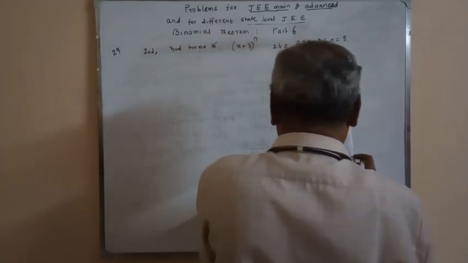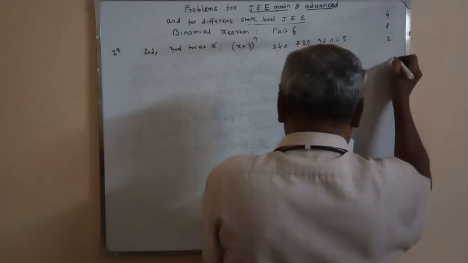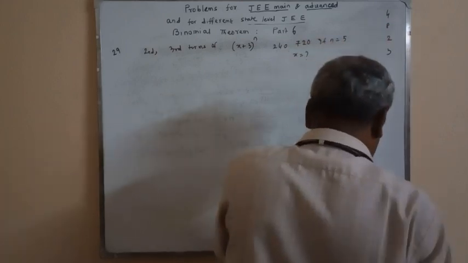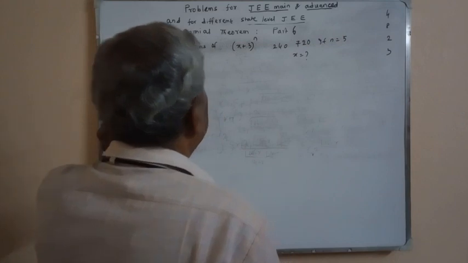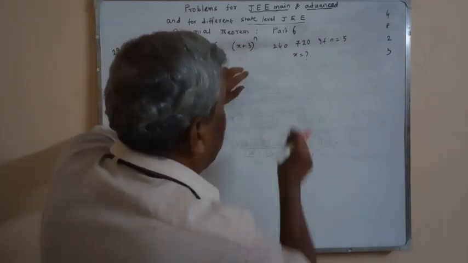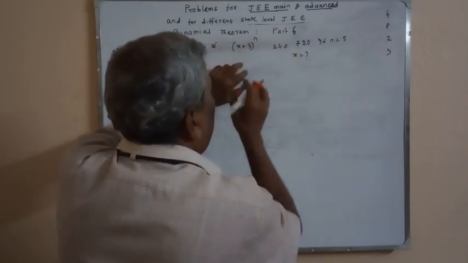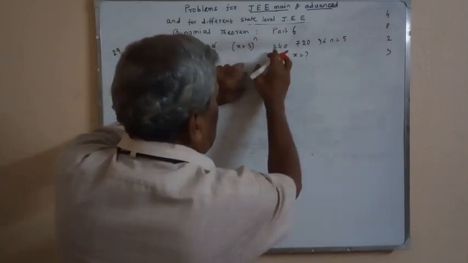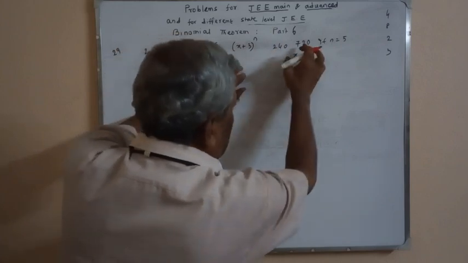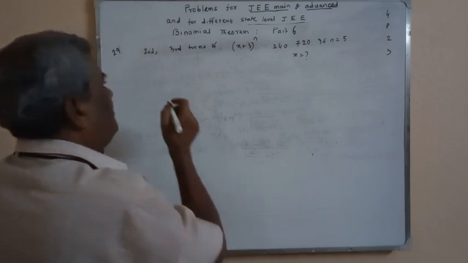Options: 4, 8, 2, 3. In that binomial, given that n is equal to 5, the second term is 240 and the third term is 720, then x is how much?